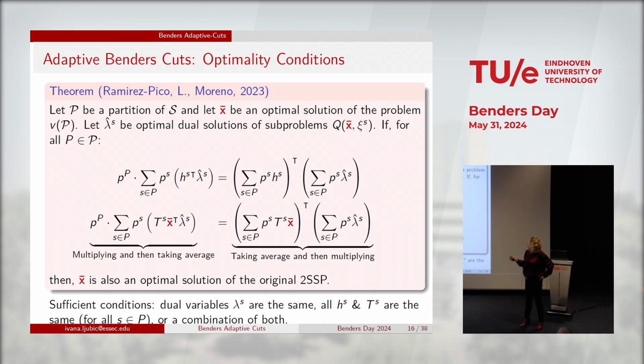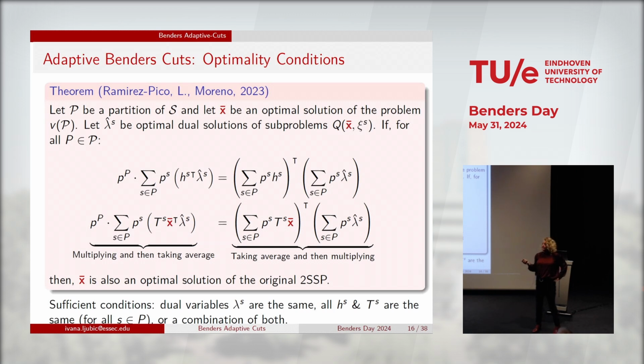If X is our current solution, for which we solve the recourse problems for each scenario, we get lambdas as optimal dual multipliers. If you first multiply lambda with the right-hand side and then take the average, or you take the average and then multiply, and these terms are equal, then we can stop partitioning and the solution of the partition problem will be optimal for the starting one.